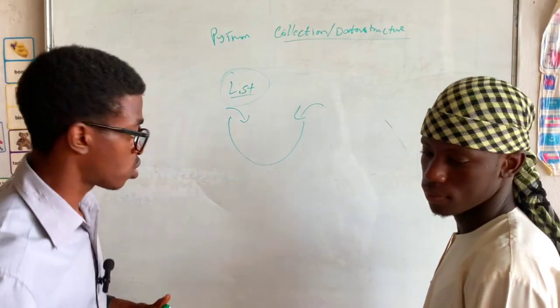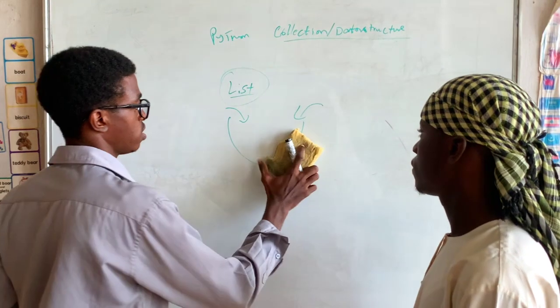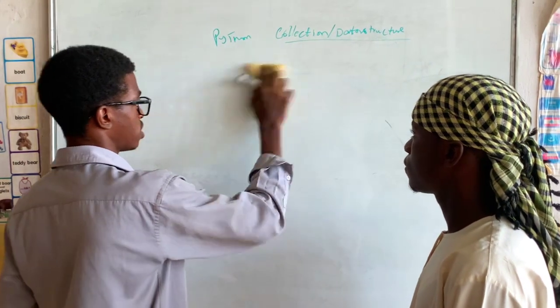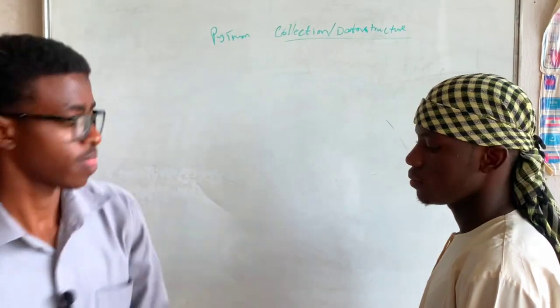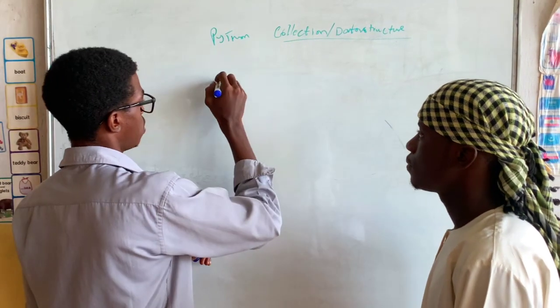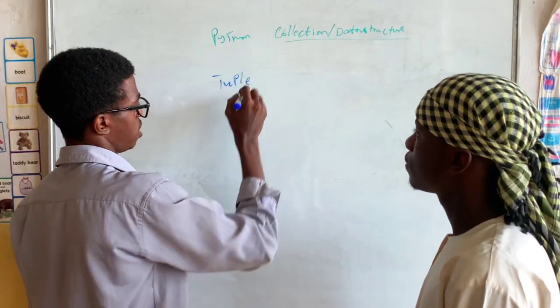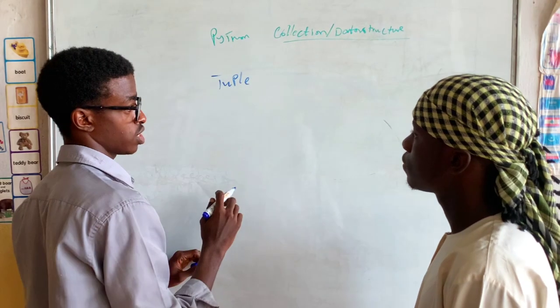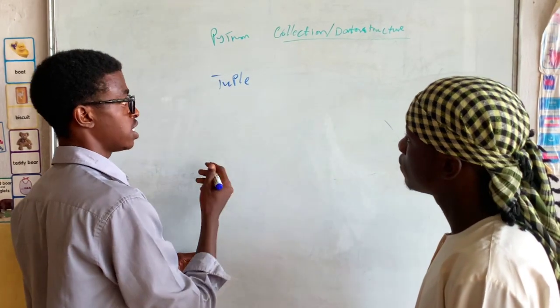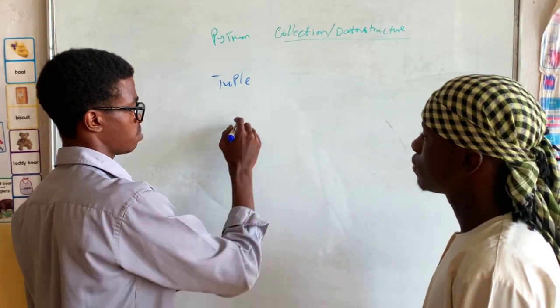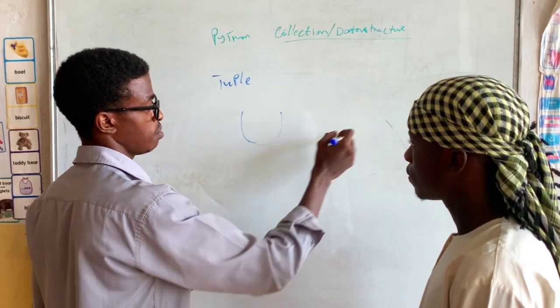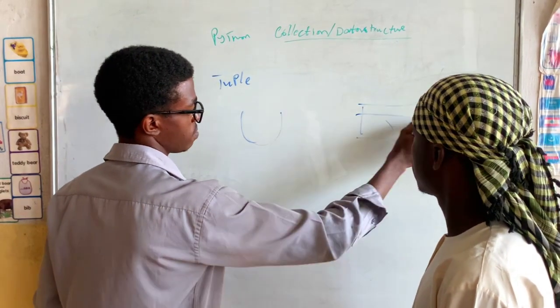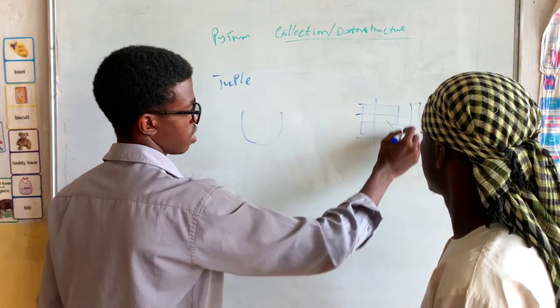So now we're going to discuss tuple. Since we understand list, now we're going to understand tuple. So what is a tuple? A tuple is also a Python collection. The moment you hear the word collection, just look at it as a basket, and this basket is stored inside your memory, yes, inside your RAM.